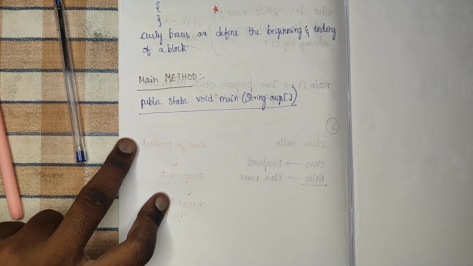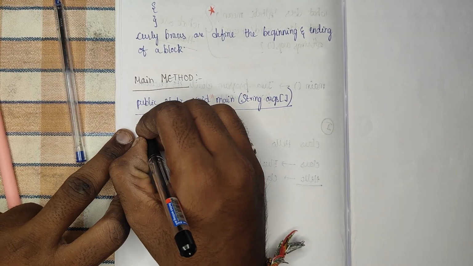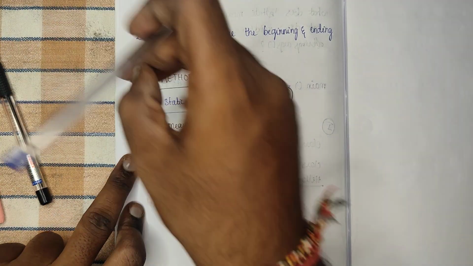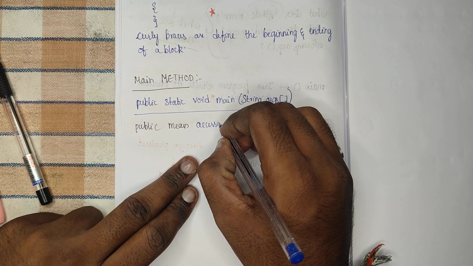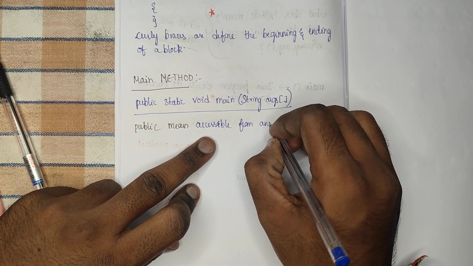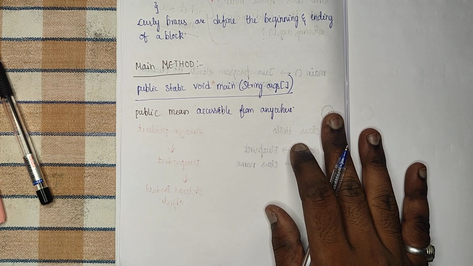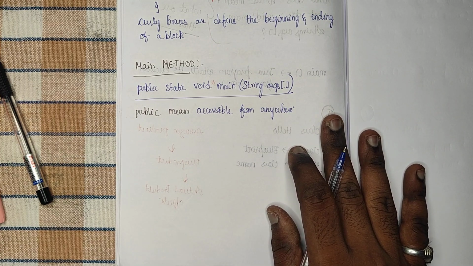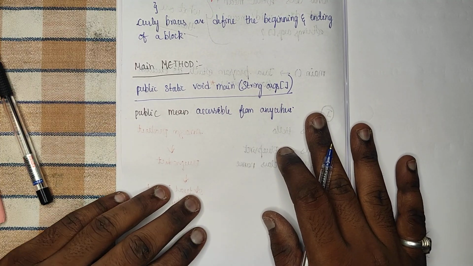I'm going to explain each word. Public means accessible from anywhere. As a real life example, think of a public park where anyone can enter. Similarly, the JVM should be able to access the main method. Therefore main is declared as public.